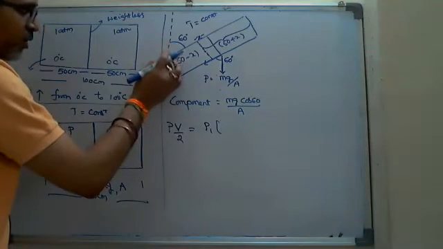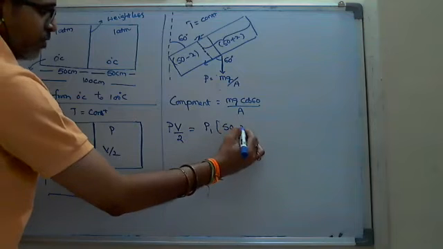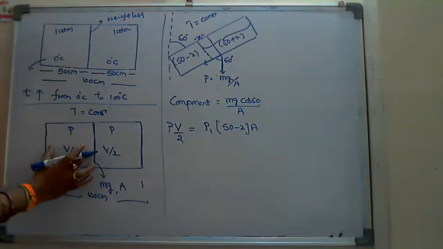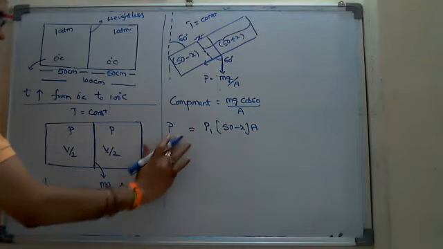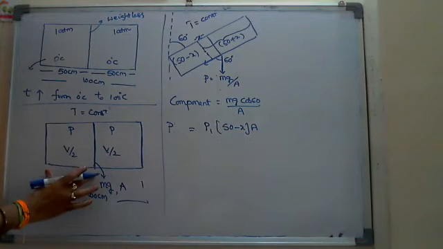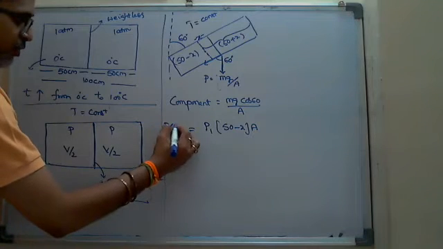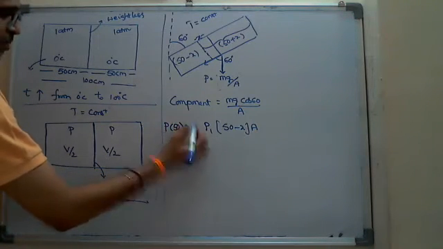Length into area of cross section gives volume. That is why I write the volume as 50 minus x into area of cross section. And V by 2 means the length total 100 by 2, which is 50. So I write P into 50, the length, into area of cross section.